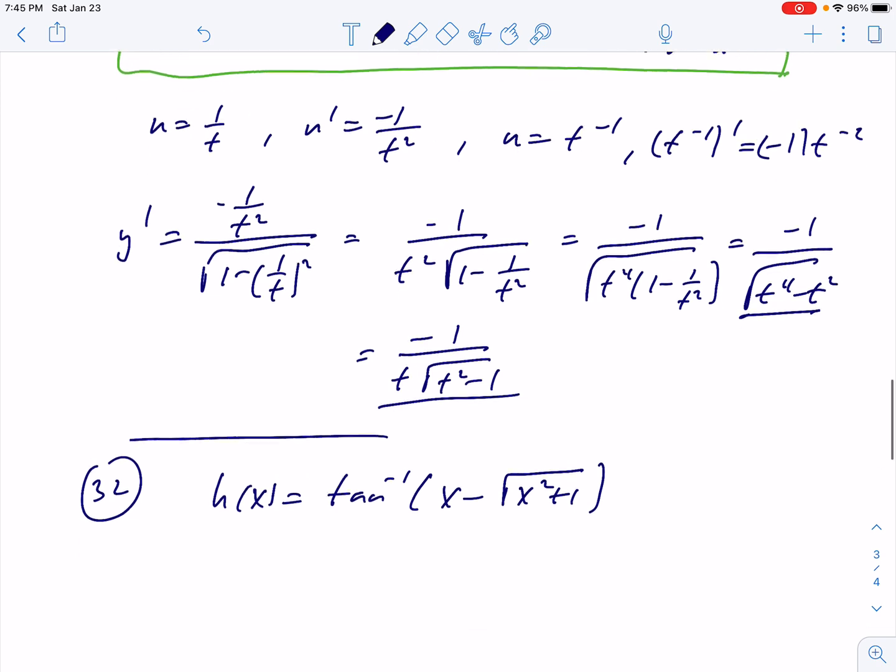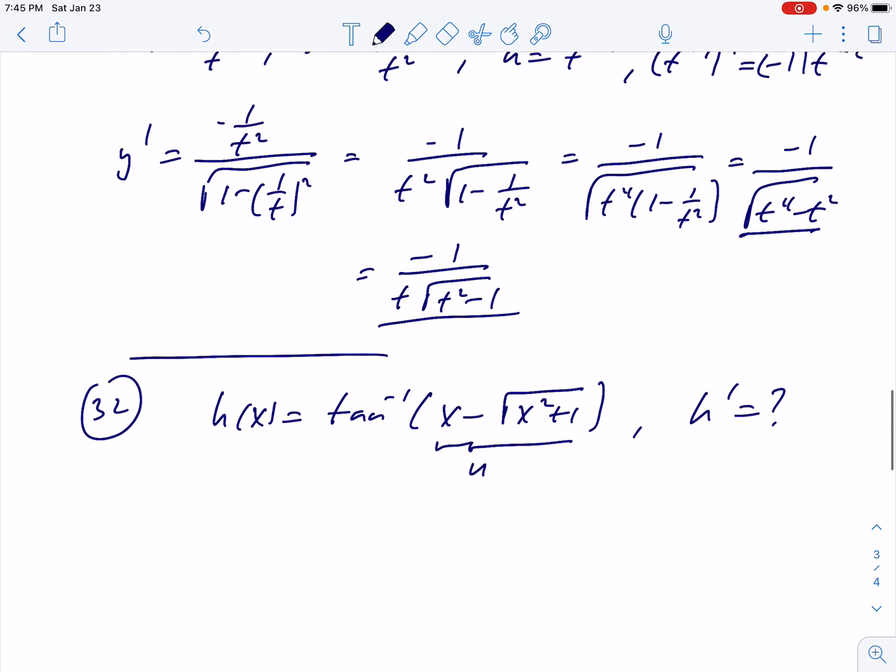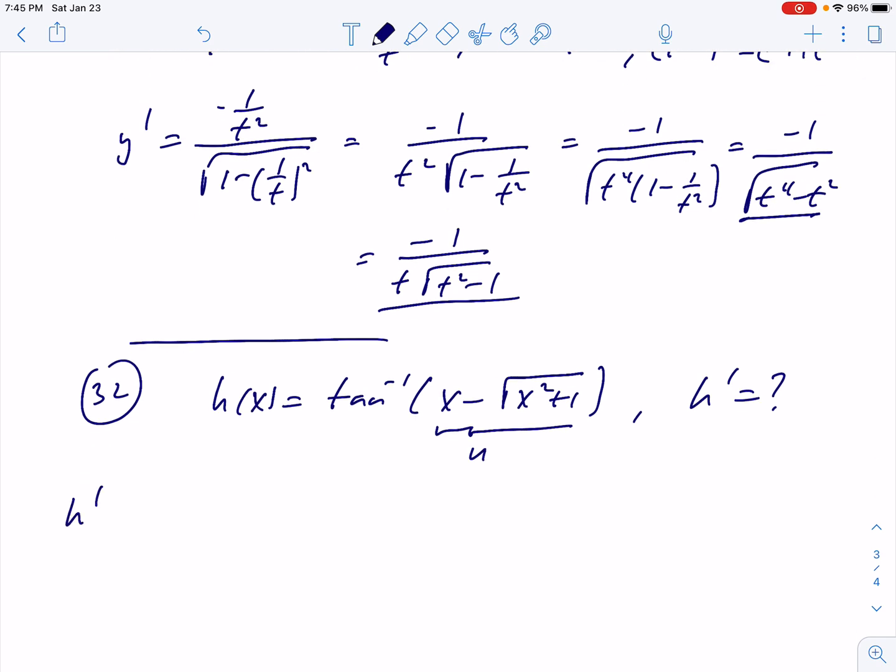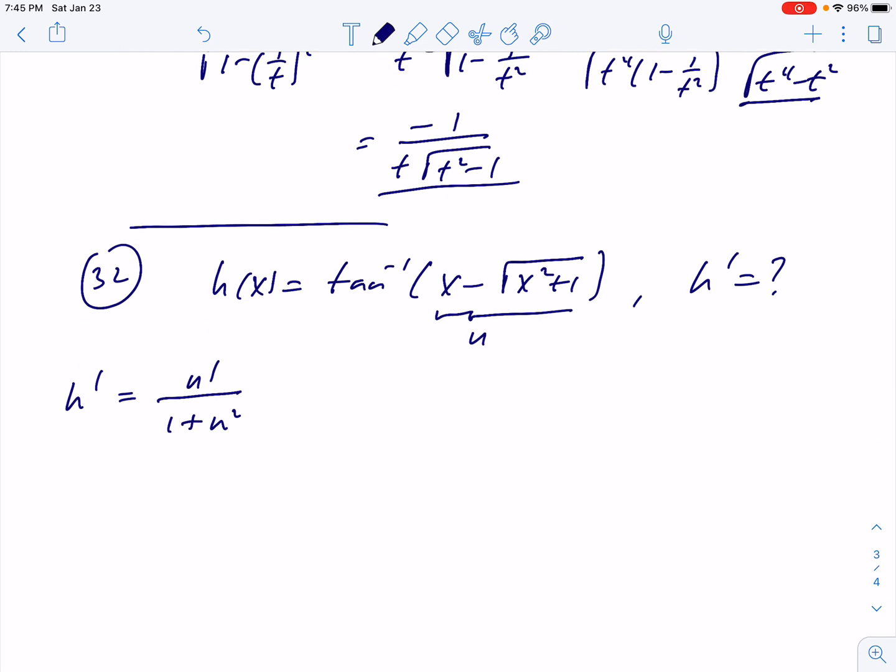Just look at this. And we want to find the derivative. Okay. Inside the arctangent, the function we call u. So we have to go u prime over 1 plus u squared. Separately, we shall compute u prime, and we shall compute 1 plus u squared, and then assemble everything together.